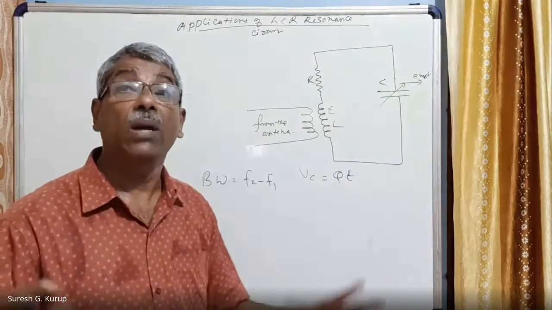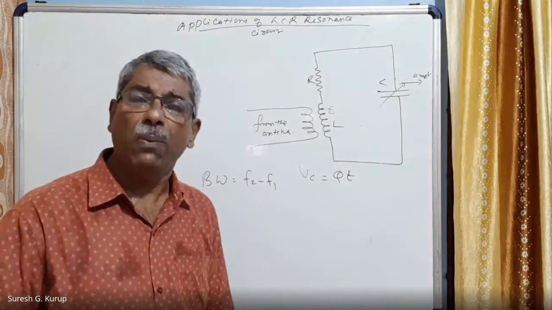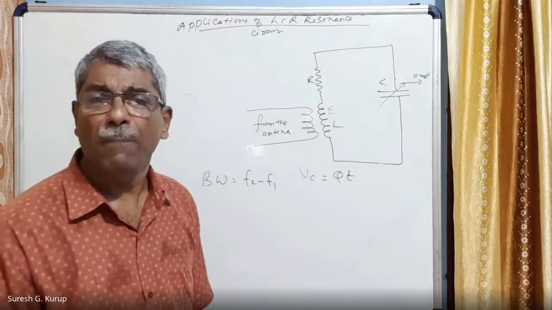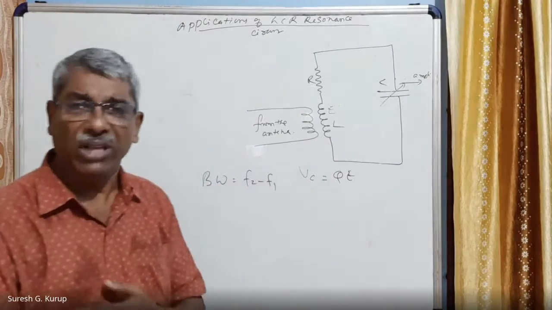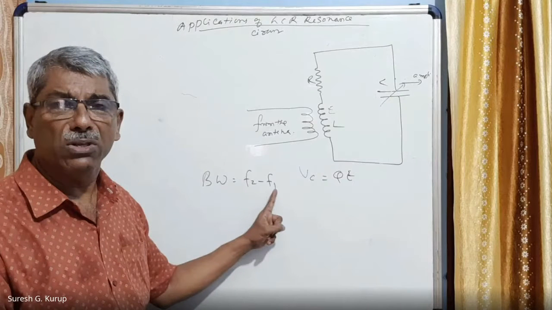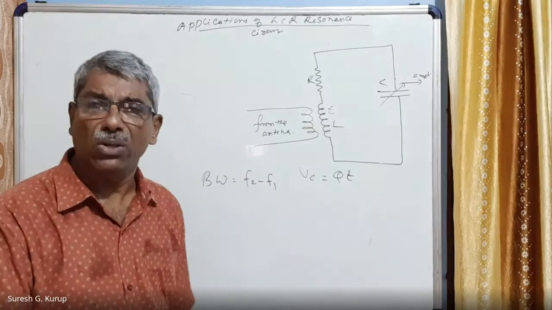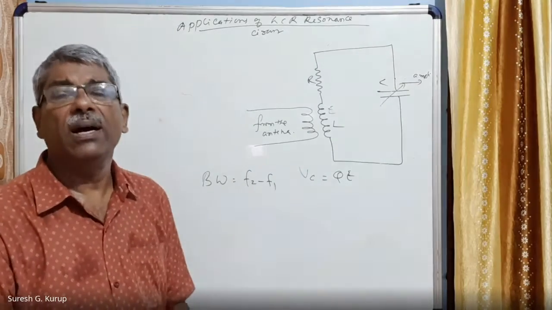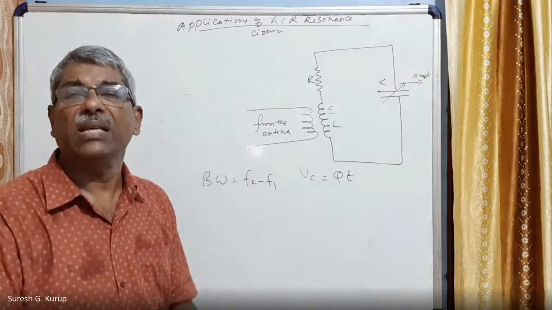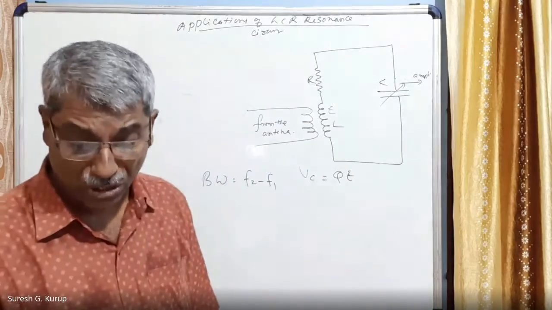So bandwidth is the range of frequencies over which the current in the circuit is 70.7% of the maximum current at resonance.